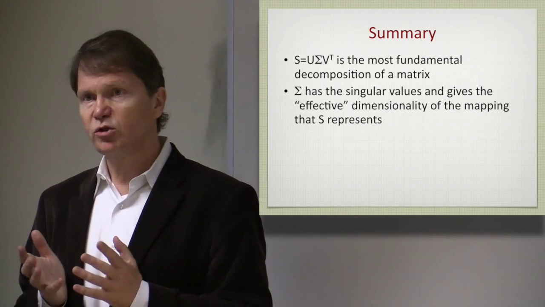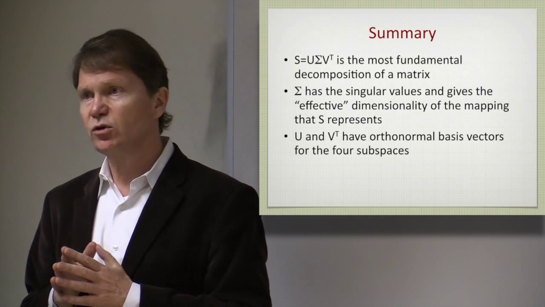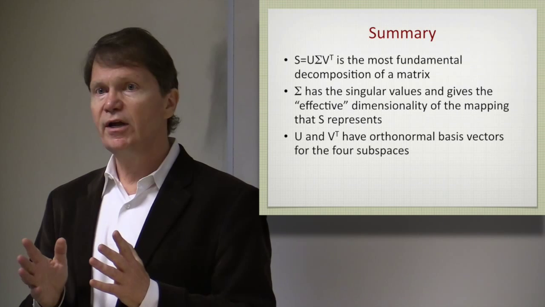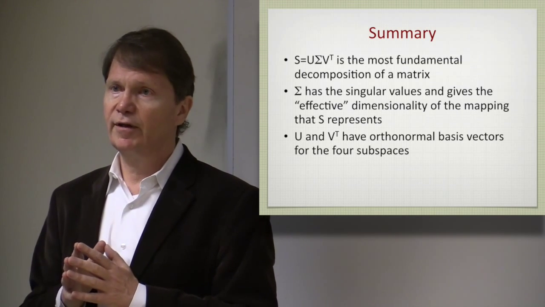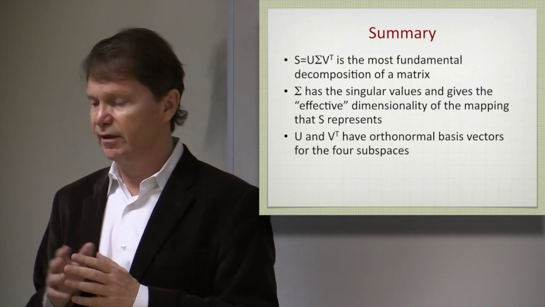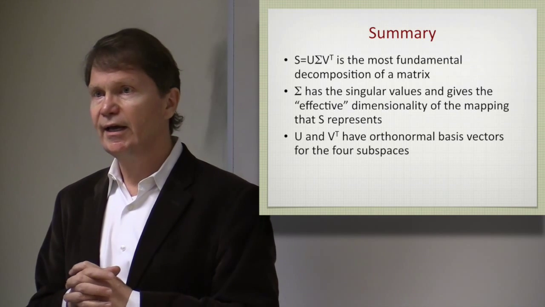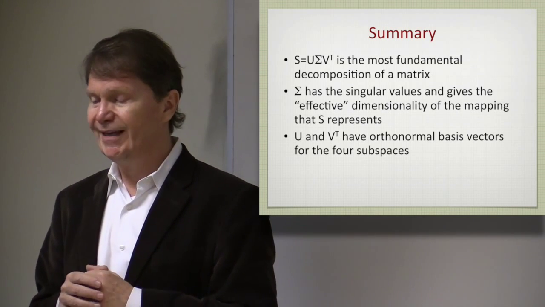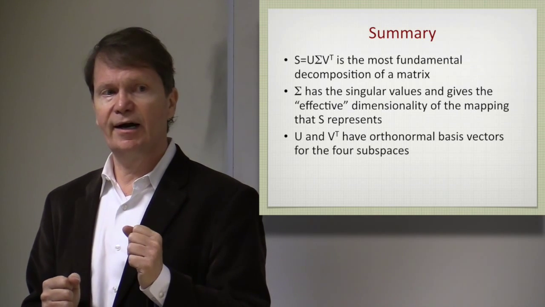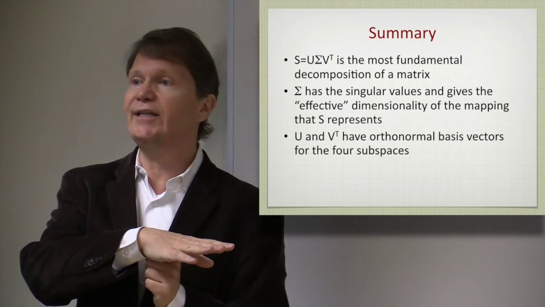U and V transposed give us orthonormal basis vectors for the four subspaces associated with a matrix. Very convenient set of basis vectors. They're orthonormal, unit length, and independent of one another, and that may help us break a mapping apart. That was indicated by the fact that you can take a right-hand singular vector and map it onto a left-hand singular vector independently.